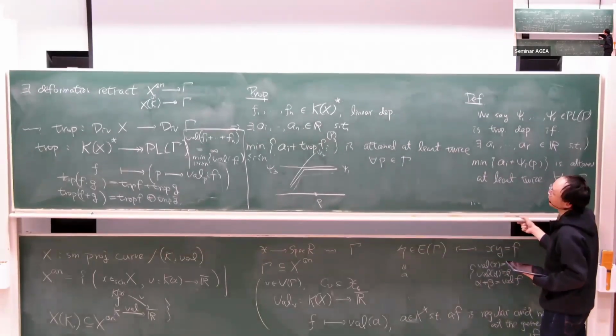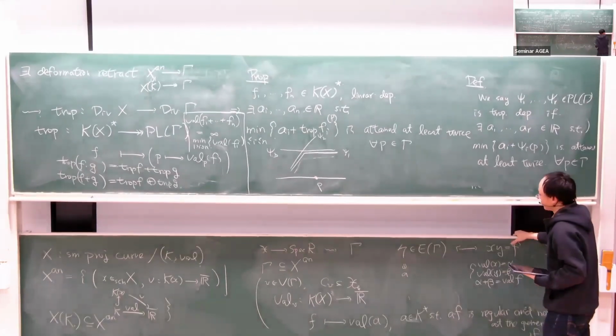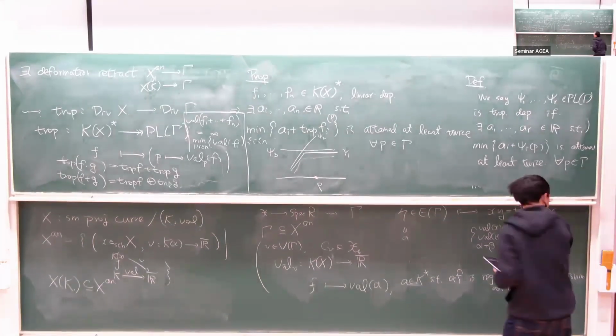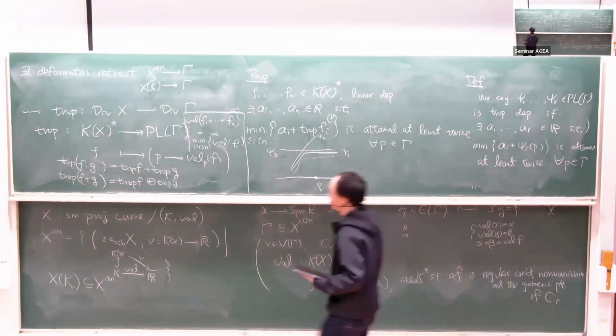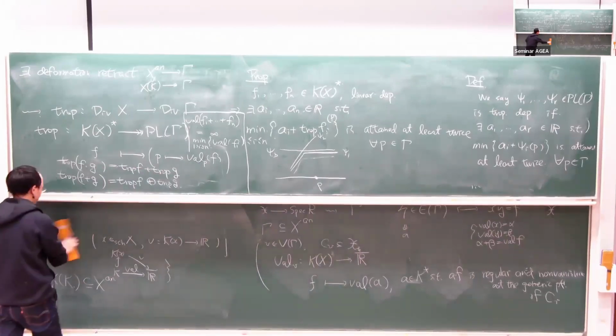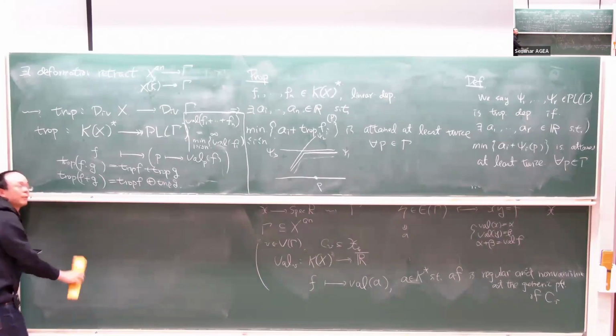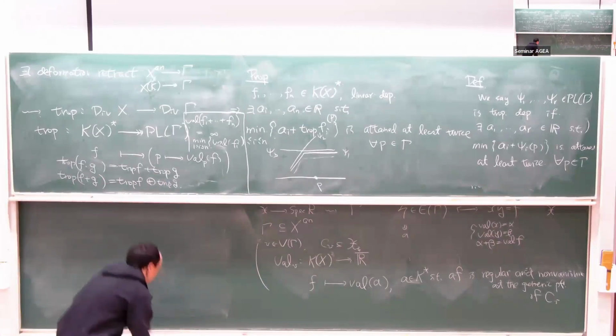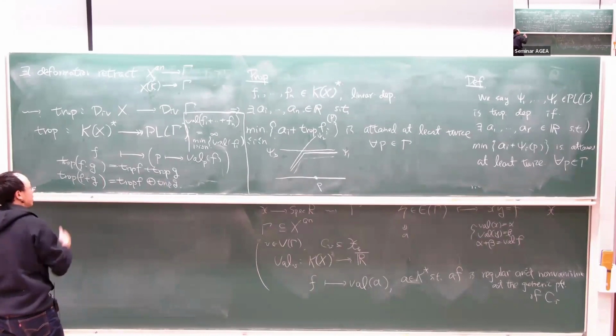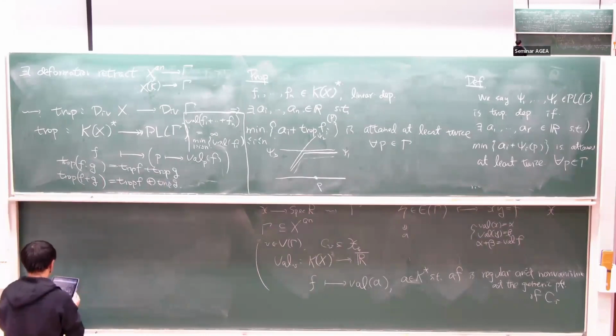So let me move to how we can use the notion of tropical independence to prove the maximal rank theorem. And finally, maybe let me make some comment on the tropical linear series and the definition of it.